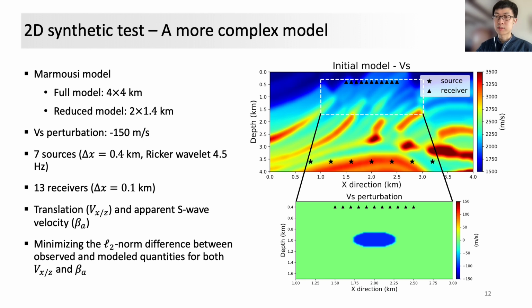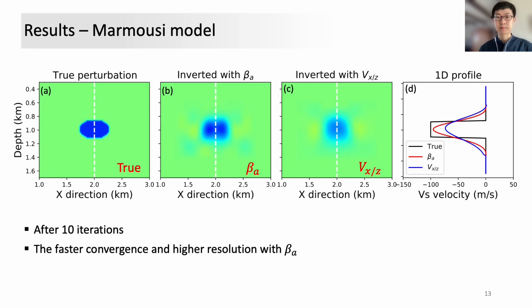The localized inversion strategy stays the same. The results are shown here. Like the first experiment, the velocity anomaly can be recovered from either translational or combined observables. However, inverting apparent S-wave velocities leads to faster convergence and higher resolution.